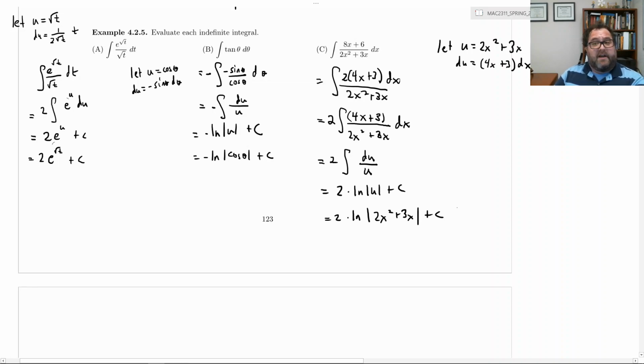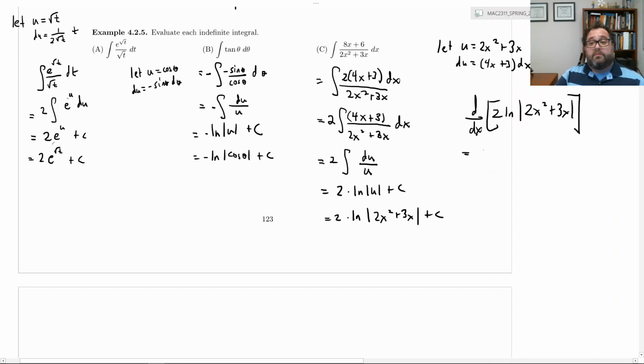Cool. Let's check it to make sure we're right. We're just going to use the chain rule. So d dx, derivative with respect to x of what? Well, 2 natural log absolute value 2x squared plus 3x. I'm going to ignore the plus c.